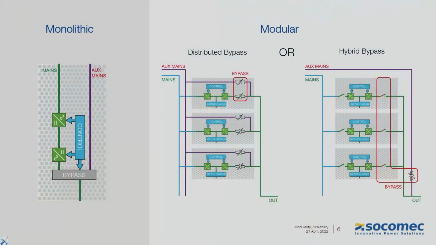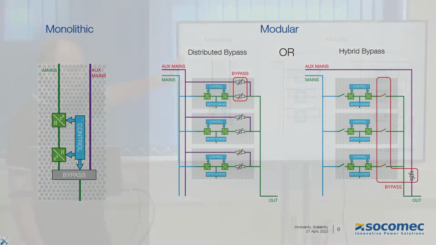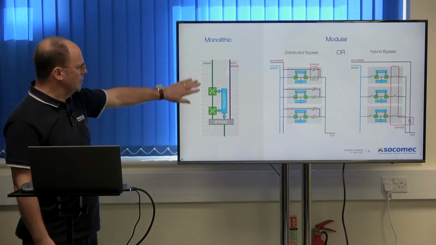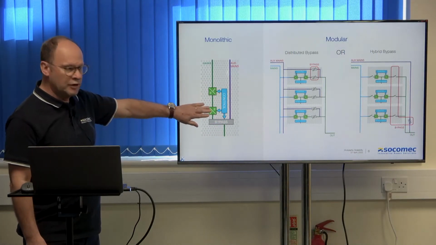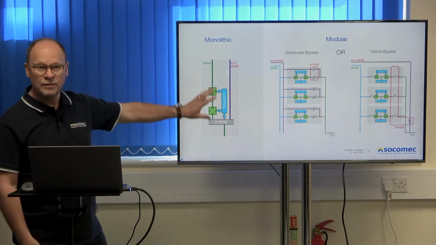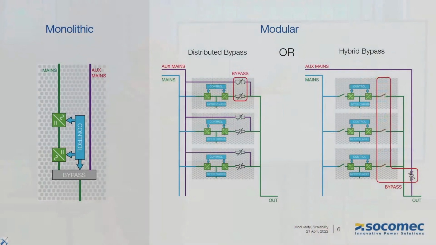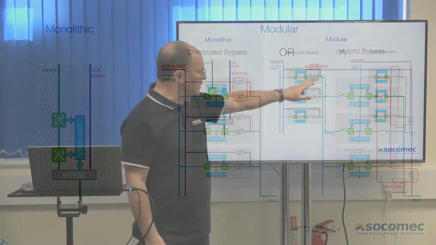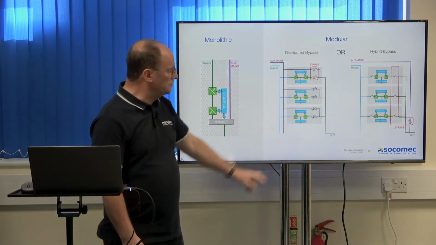Different architectures with modular systems. So we've got here a monolithic system: rectifier, inverter, battery (not shown), and a bypass system, a single entity. Modular systems, a couple of different ones to look at here. This is one with a distributed bypass, so we're showing three different modules. Each one again has rectifier, inverter, but a little static bypass in each one also.